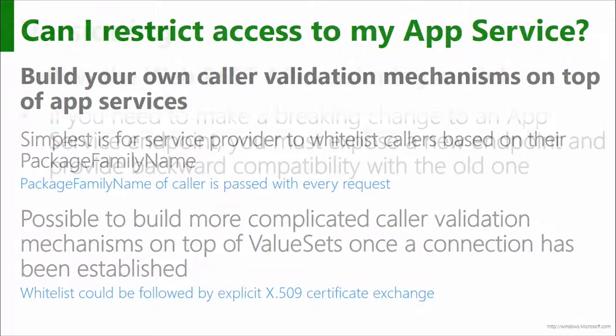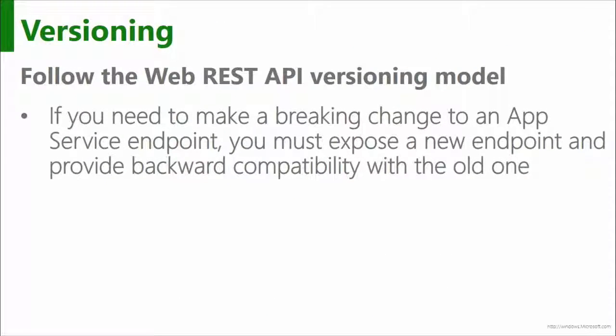What about versioning? Well, think of this as a very lightly coupled interface. It's just value sets. It's exactly the same problem as a REST API published out on a service in the cloud.